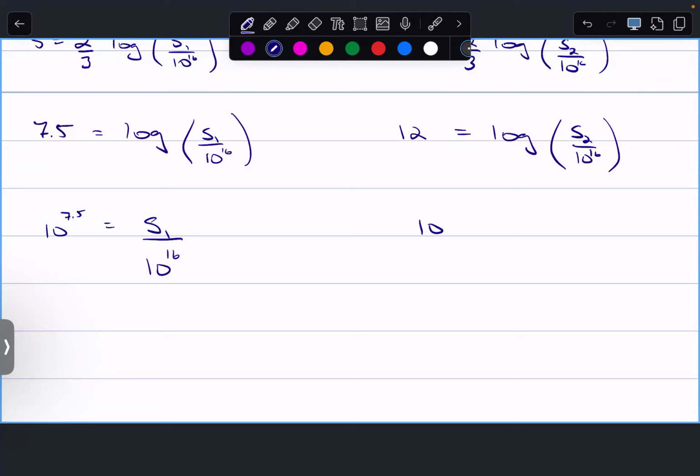And then same thing here, 10 to the 12 is S2 over 10 to the 16.